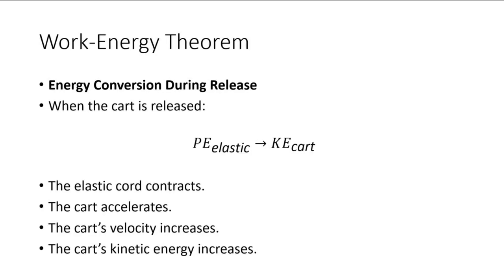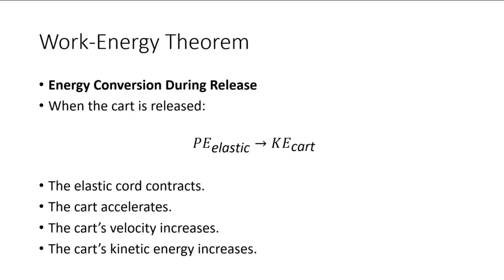When the cart is released, your elastic potential energy is converted to the kinetic energy of the cart. The elastic cord contracts, the cart accelerates, and the velocity of the cart increases. Please take note that as the velocity increases, the kinetic energy also increases. This is the physical process being tested in this experiment.